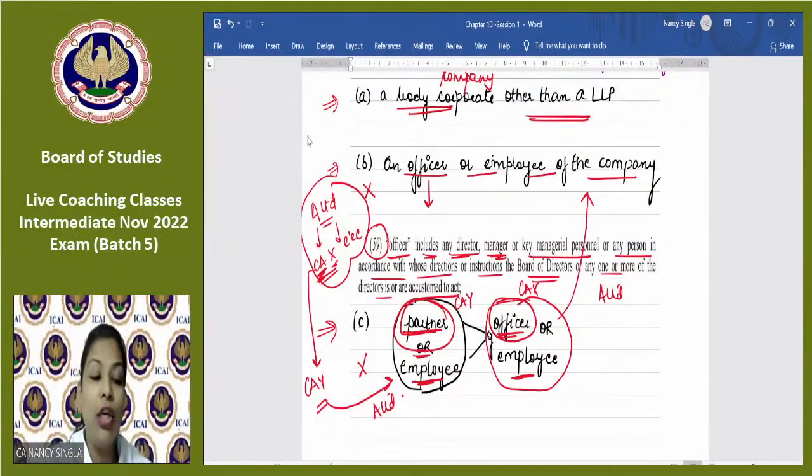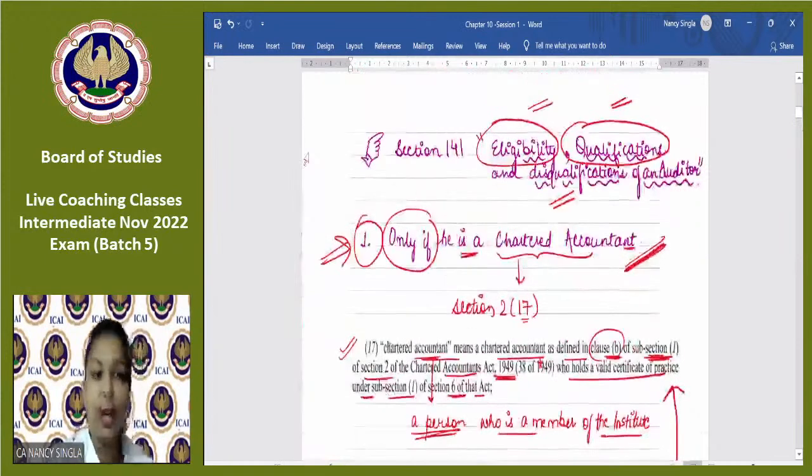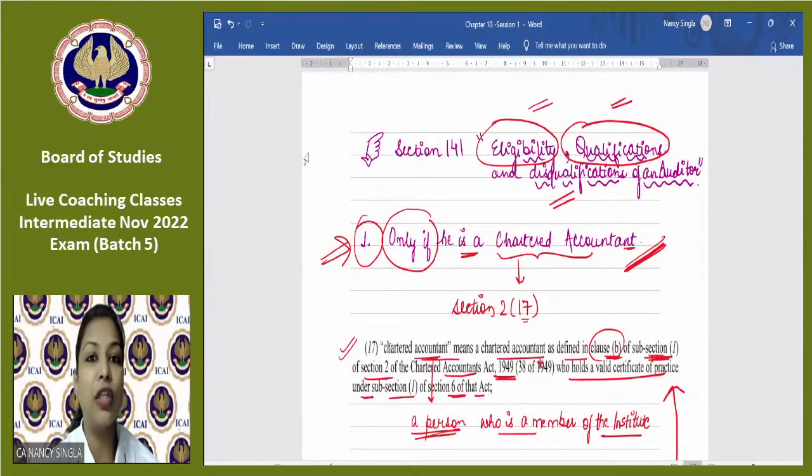Clear? Is it clear? So let me just revise what we have done so far. We have started with section 141, which deals with eligibility, qualification, and disqualification of an auditor. We started with subsection 1, which says that a person shall be eligible to be appointed as an auditor only if he is a chartered accountant.